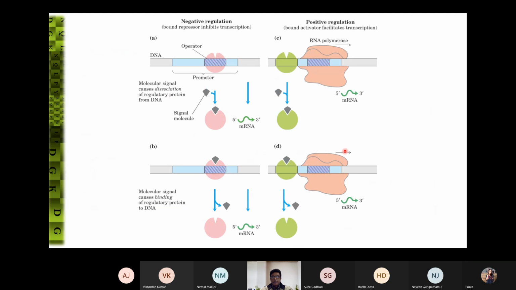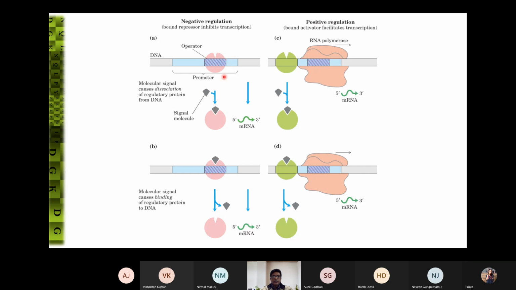Okay, all right. So now this is a very fundamental diagram of negative control and positive control, or positive regulation. So how do you understand this? The way to understand and remember this is that one is an inhibitor.